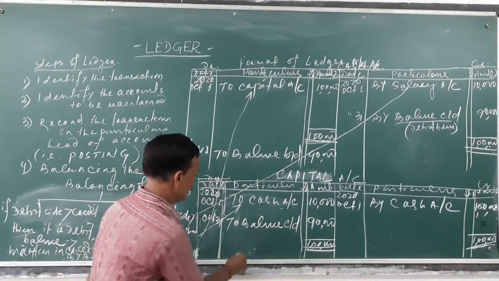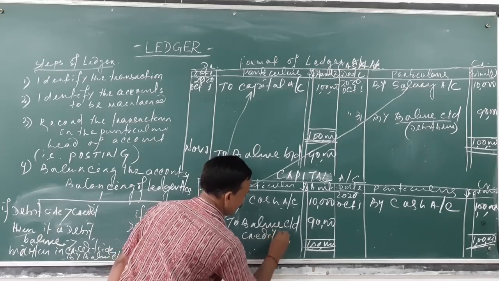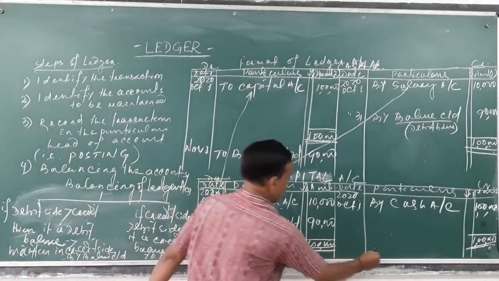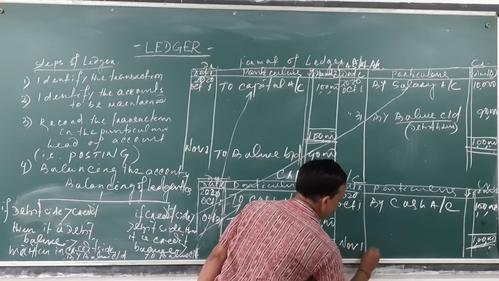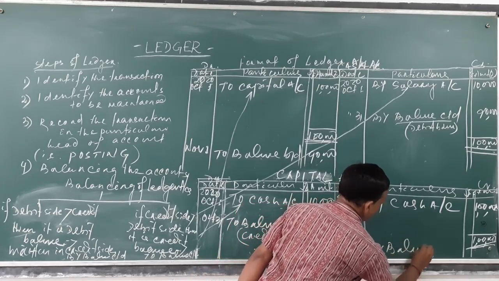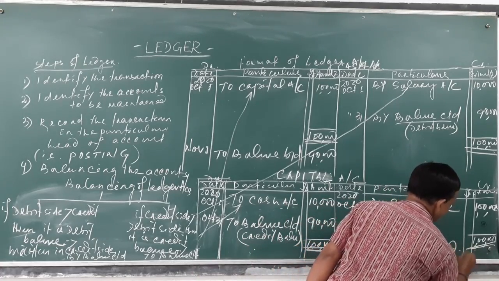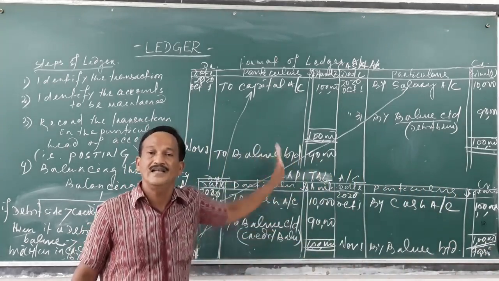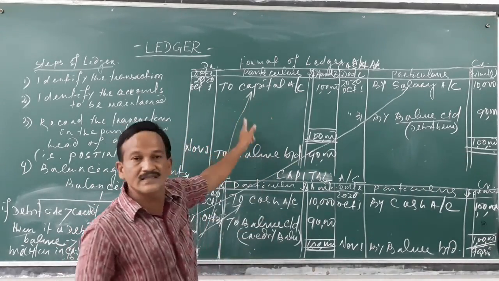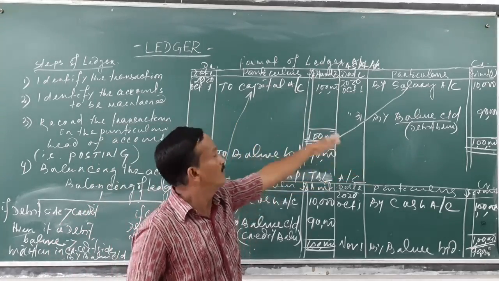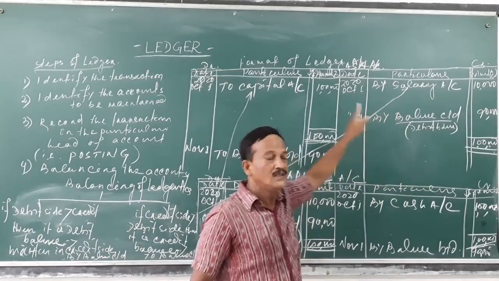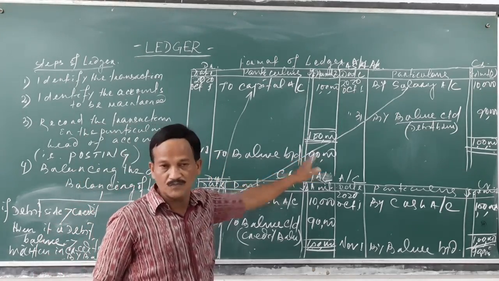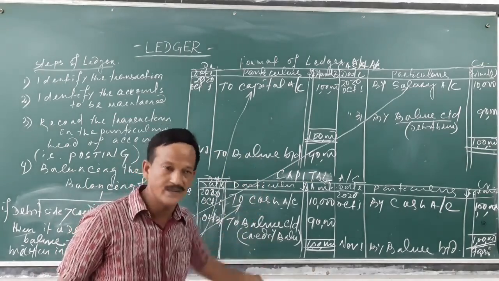This is a credit balance. This amount is to be brought forward for the next month. On November 1, by balance brought down, 90,000. So this is balancing of the ledger account. We had seen that when the excess of debit over credit is retained on the credit side by balance carried down, in the next period, at the beginning of the next month, it is brought down, and then the next transactions continue.